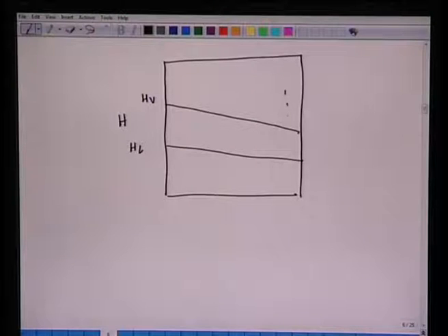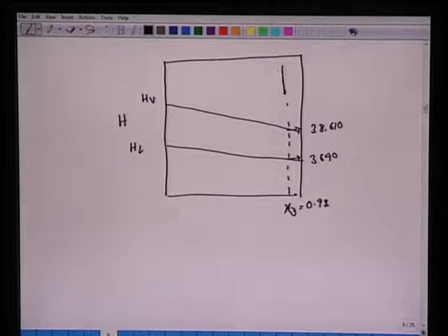How do we calculate it? So this is XD, which is 0.92. We know this data point, we know this coordinate, 38,610, and we had 3,640. We don't know this WD.